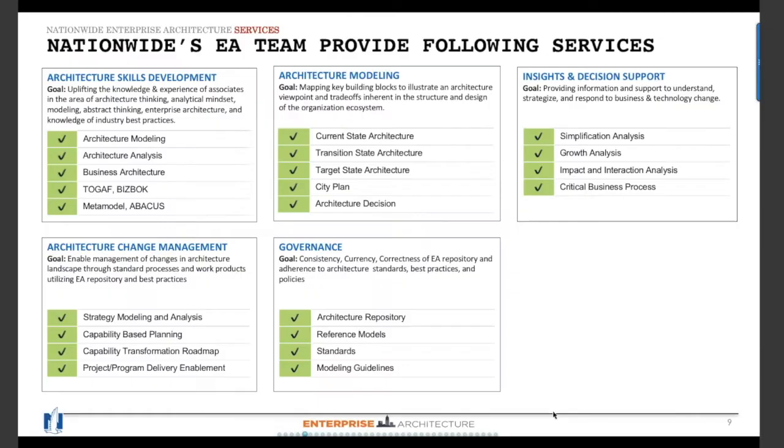Thank you, Mike. So just briefly, what we do as an enterprise architecture team at Nationwide. We have a large number of architects, both business and IT. We call the business architects business consultants.